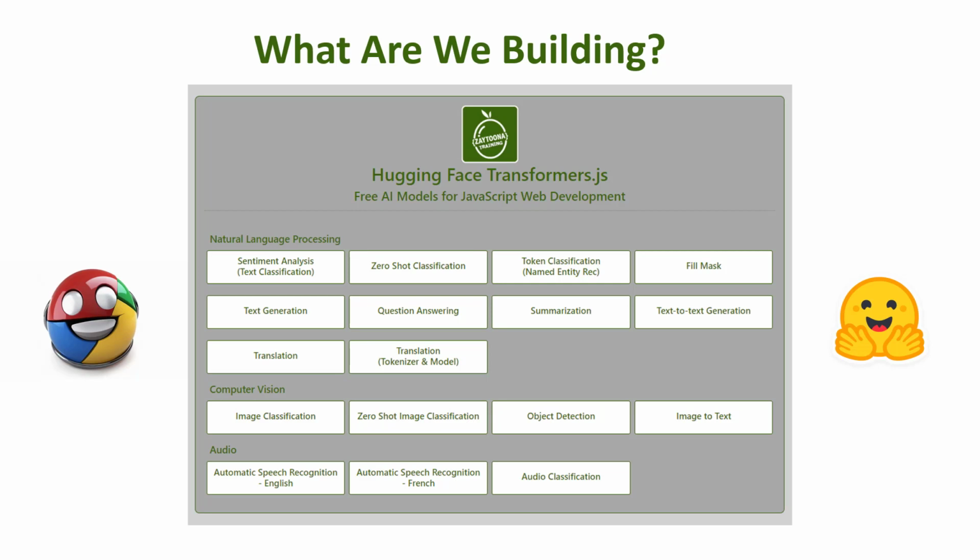The third category is audio, which enables computers to interpret and process sound data, whether it is recognizing spoken words, differentiating music types, or other audio patterns. Let's uncover the 3 audio AI tasks we are implementing.